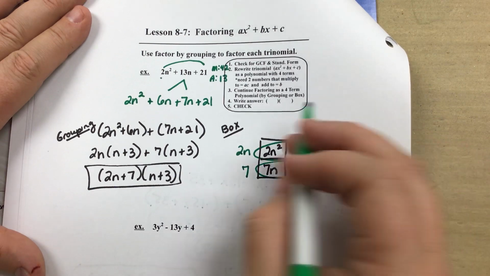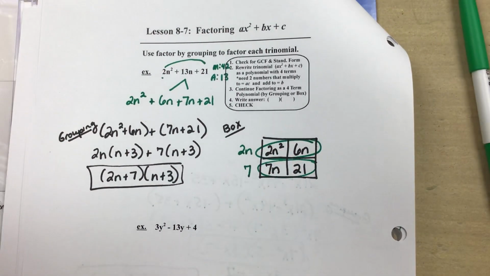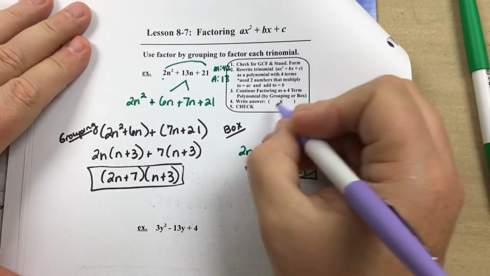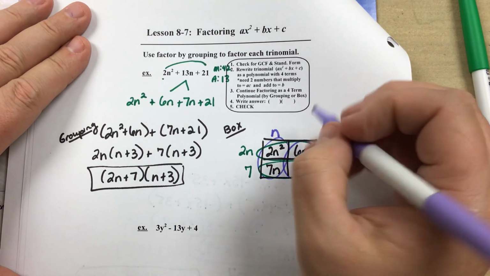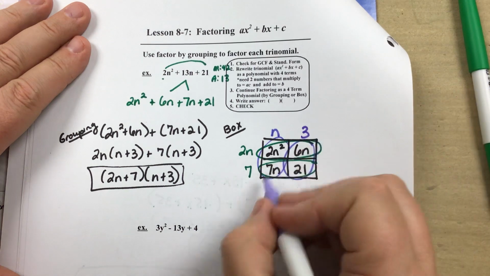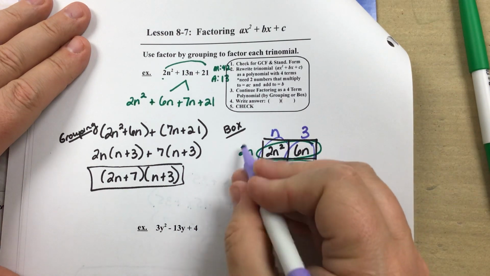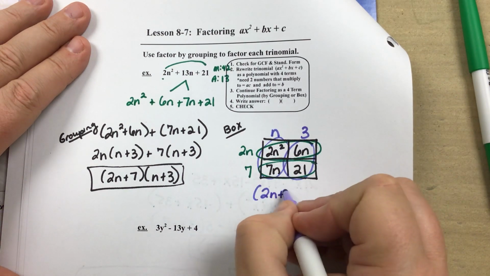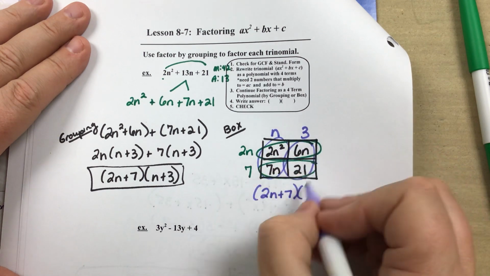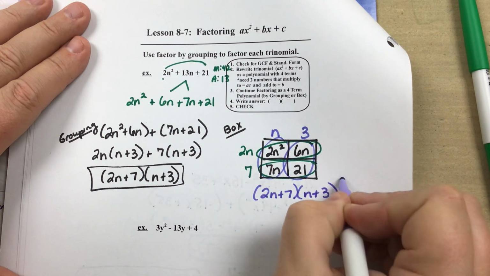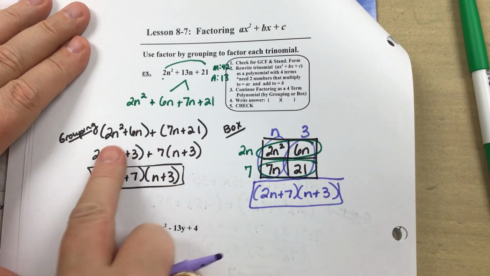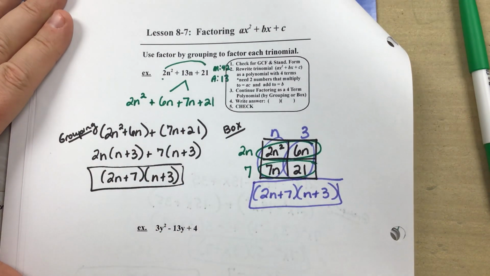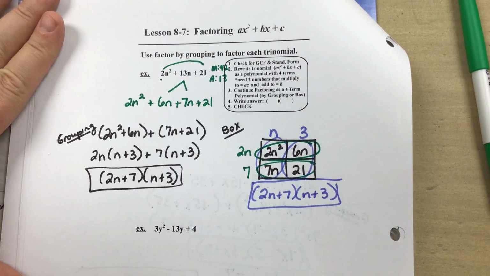A 7. If I look at the first column, what can I factor out? An n. And the last column, it looks like I can factor out a 3. So this will factor over here. We're going to have 2n plus 7, and at the top, I'm going to have n plus 3. So it's up to you. Once you get it split back into 4 terms, then you're either going to do grouping or the box method. It is up to you, whatever you prefer.